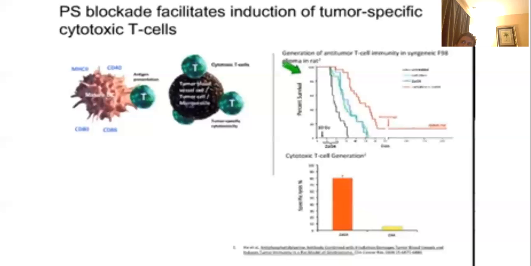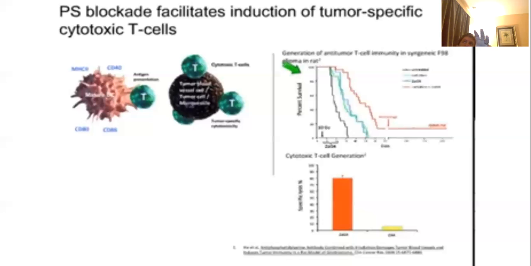If I take the blood from those mice treated with PS antibodies, and I take their spleen and extract the T lymphocytes there, and introduce them to the tumor tissue in vitro, we will see that they are very effective in destroying those tumor cells, even in vitro.